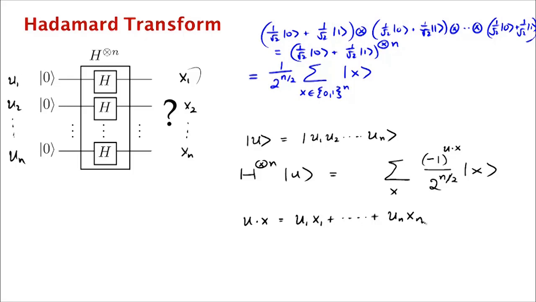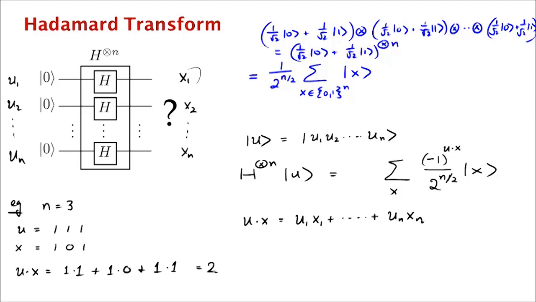Right? So, for example, if n equals 3, u equals 1, 1, 1, x equals 1, 0, 1, then what would you get? Well, u dot x is equal to 1 times 1 plus 1 times 0 plus 1 times 1, which is 2.